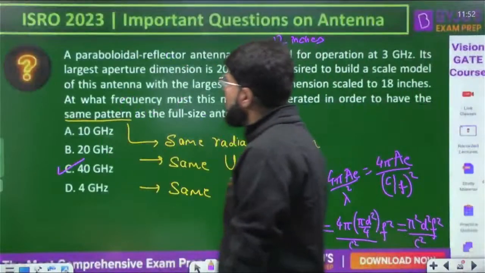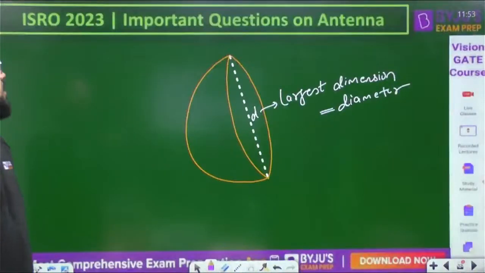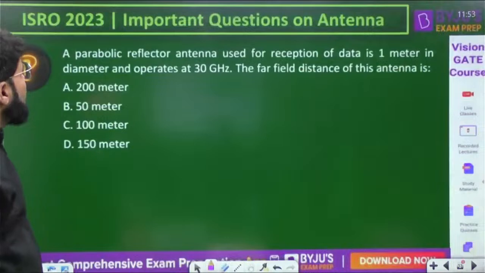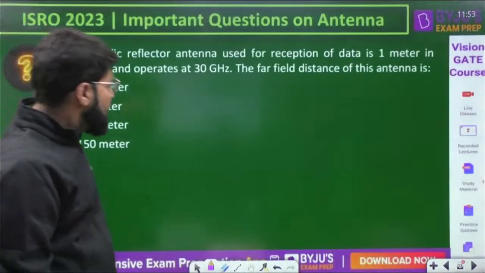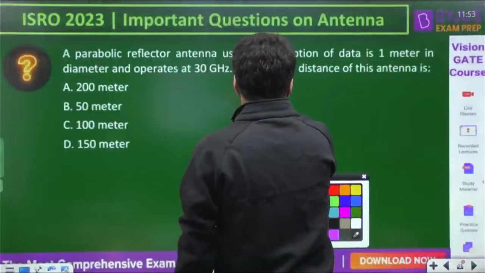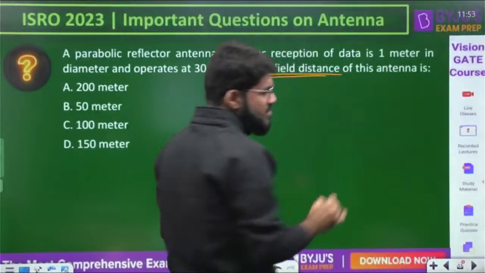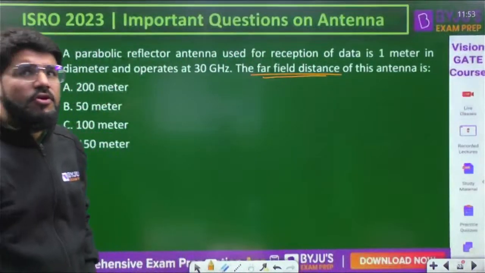So this one, a good question on the paraboloidal reflector. Next question. Again, a parabolic reflector antenna used for reception of data is 1 meter in diameter, operates at 30 gigahertz. For far field distance, the Fresnel and Fraunhofer regions are related.